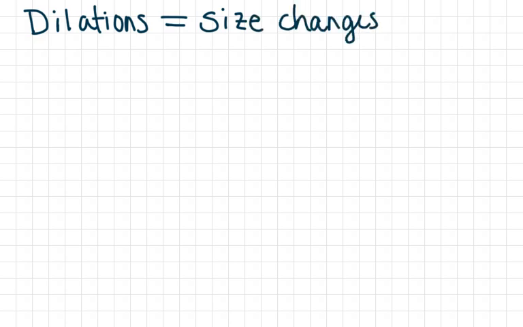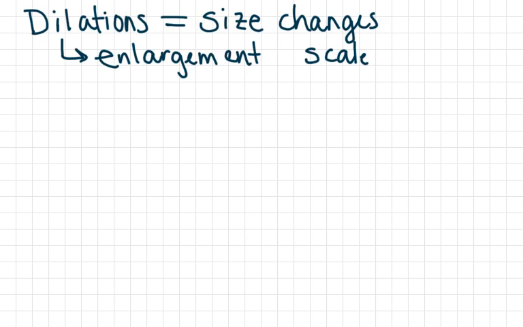And a dilation can be an enlargement, and that happens if the scale factor is greater than 1.